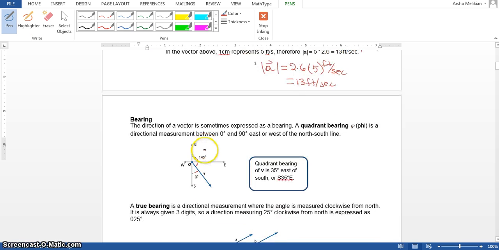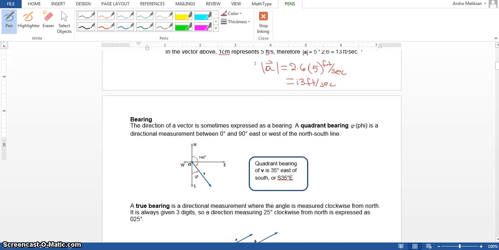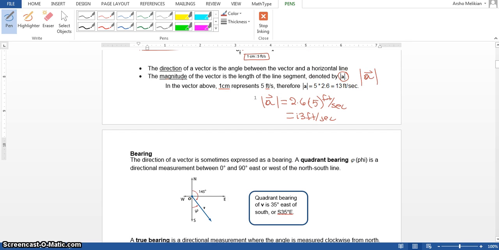Bearing. This is something we hear all the time when we're talking about direction. When you're talking about a boat traveling down a stream, or a plane traveling in a certain direction, we use terminology like bearing, quadrant bearing, and so on.